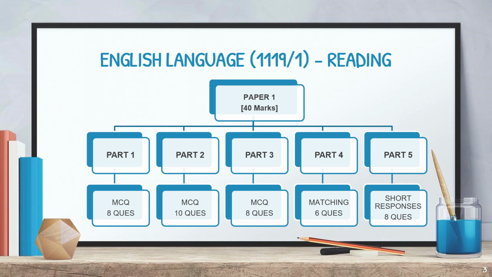Part 2 is also multiple choice, another 10 questions. Part 3 is also multiple choice questions, 8 questions. Part 4 will be on matching. There are 6 questions. And Part 5, short responses, another 8 questions. Let's look at the paper in detail.